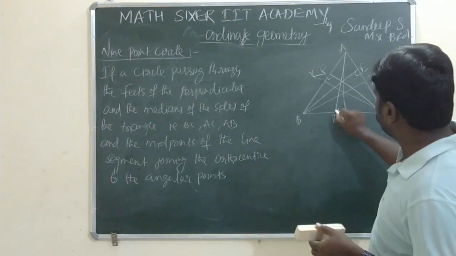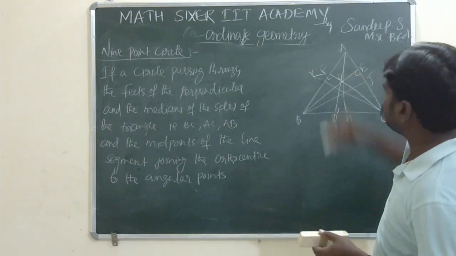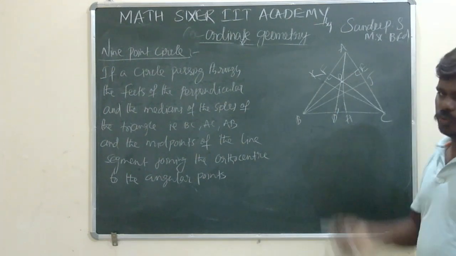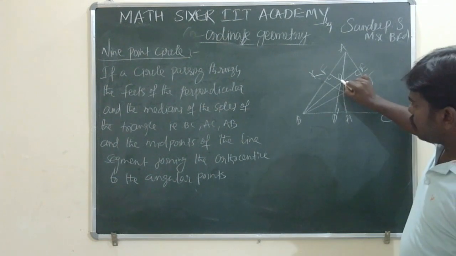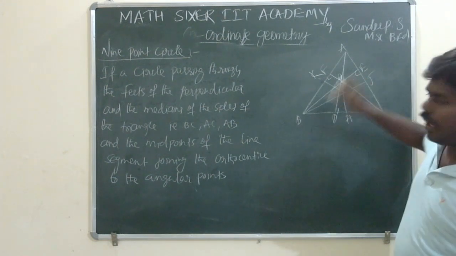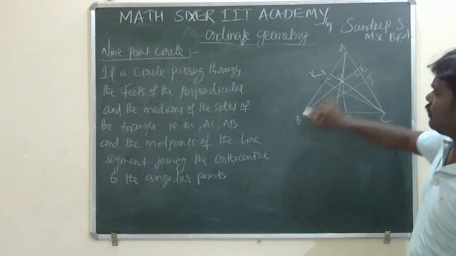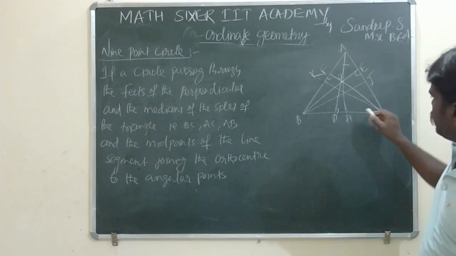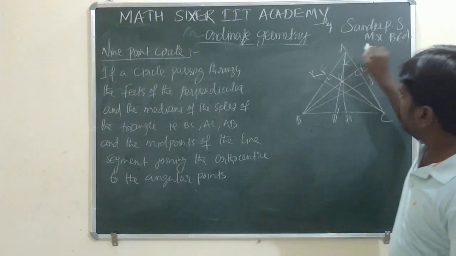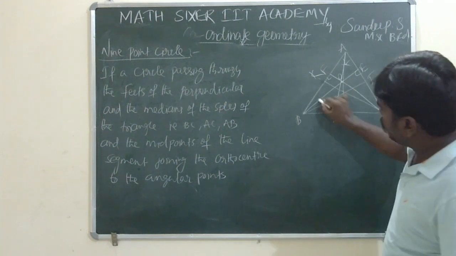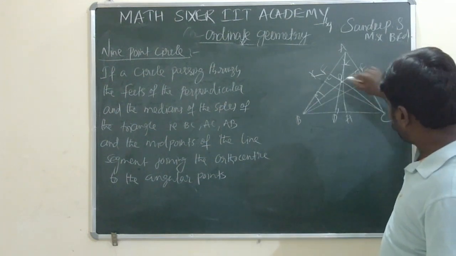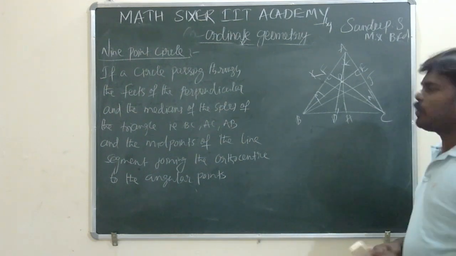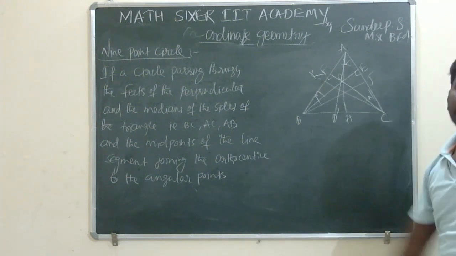These altitudes are intersecting in one point, and that is the orthocenter, which we denote by O. Angular points means the vertices of triangle ABC. So the midpoint of OA you can take as L, the midpoint of OB as M, and the midpoint of OC as N.